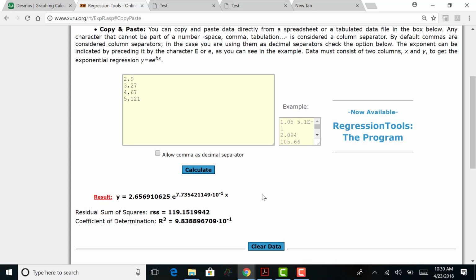Okay, so when you plug in the number 8, you get what? Oh, sorry, I didn't do that. Okay, plug in the number 8 into the equation that we got.